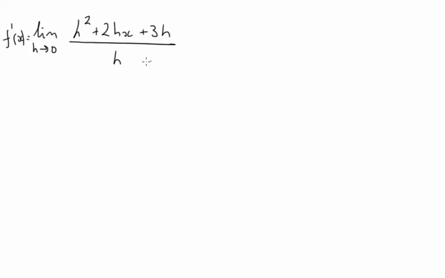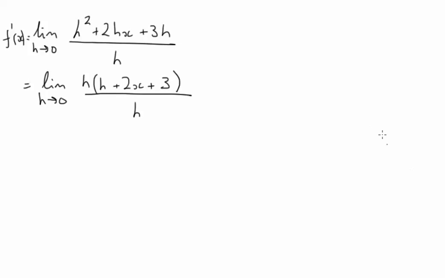So some people liked to cancel straight away. I need you to factorize first. You need to factorize the h first. So we're going to take out h, h plus 2x plus 3, on h. The reason you need to take the h out first is because when you cancel them, you need to show that you understand h doesn't equal 0.